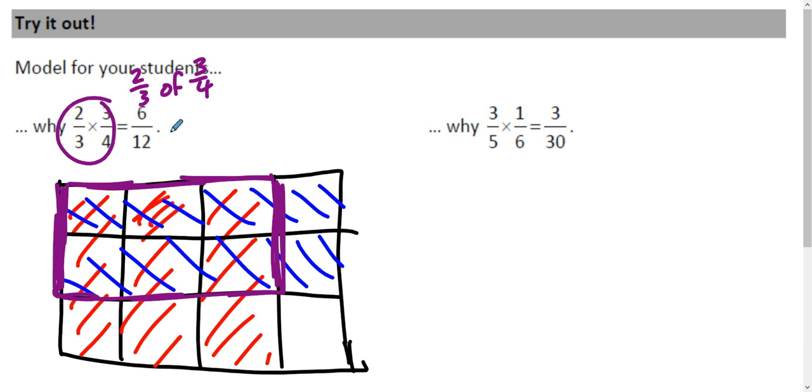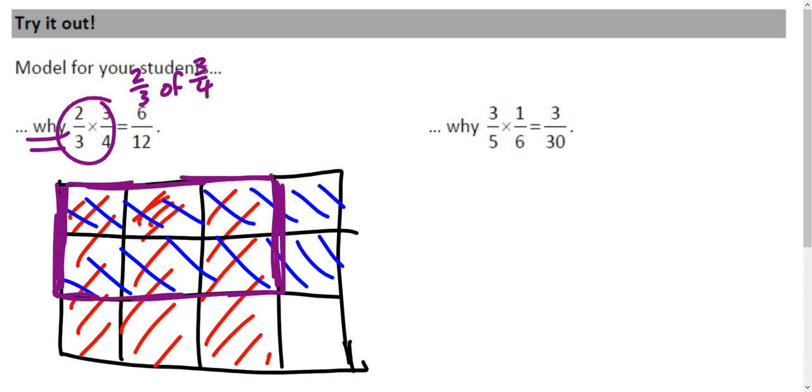Some of us even learned that we should cancel the 2 and the 4 before we multiply, and you can do that. But if we're trying to model for children, and that's the purpose of this course, if we're trying to model for children why 2/3 times 3/4 is 6/12, this is why that is the case.